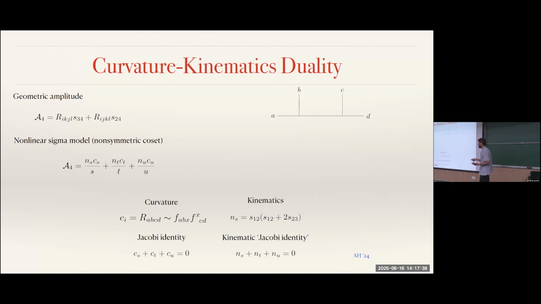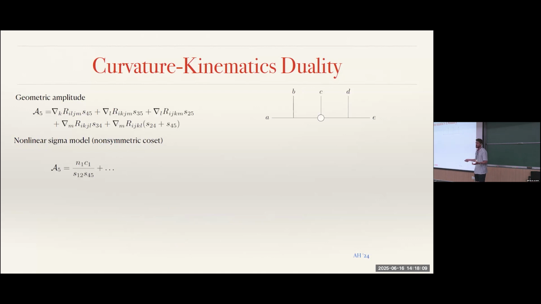So at 4 points, it happened to be that the symmetry properties of this curvature are the same as these 2 f's. So all the minus signs when you flip A and B, for example, are shared by the curvature. And the Jacobi identity will become the Bianchi identity for the curvature. So we find the same solution for the kinematics, and we get back the special Galileon using this double copy.